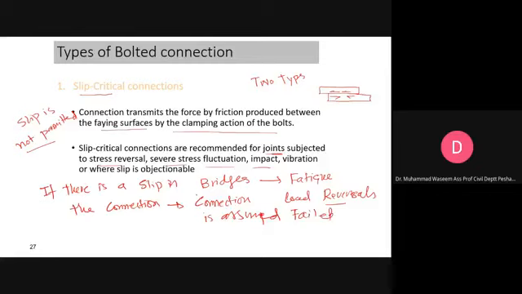Okay, now this slip critical connection, जैसे इसमें slip आ जाएगी, what will happen? It will be converted to a bearing type connection. Okay, there are two types of bolted connections: slip critical connections, and the second is the bearing type connection. Okay.